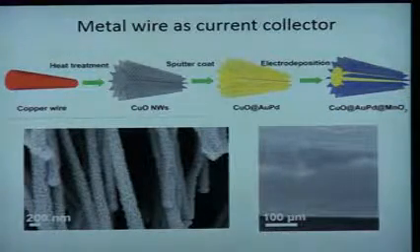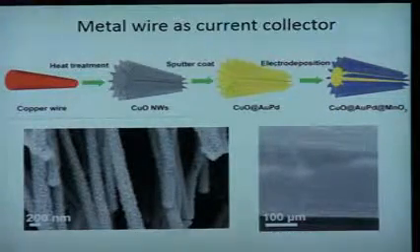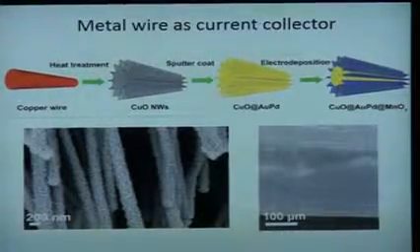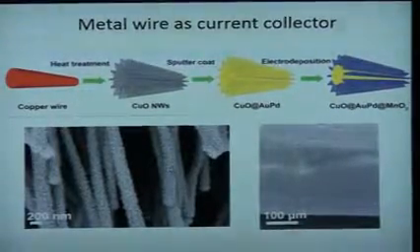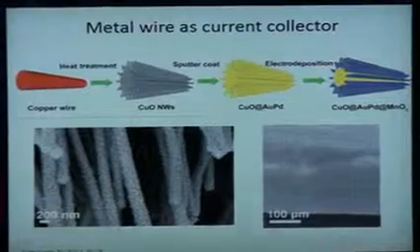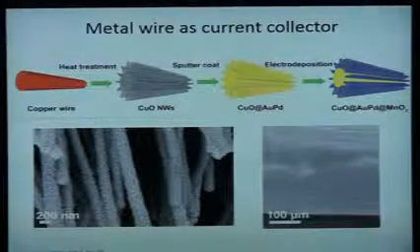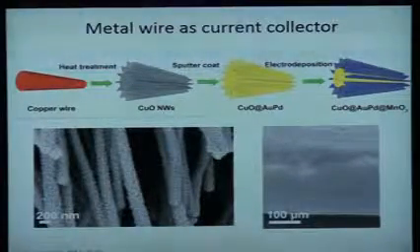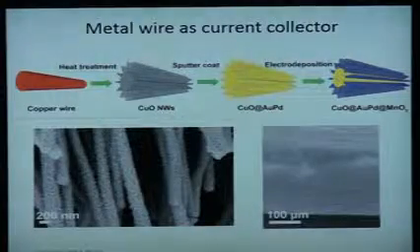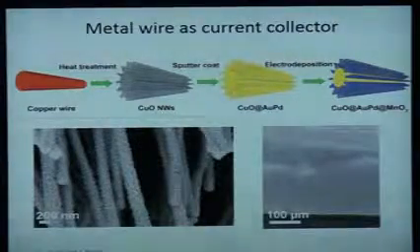So you see here the growth process, like electrodeposition or electrical coating, is adopted to make hierarchical structures, which is important to get more surface area and for increasing the device performance.